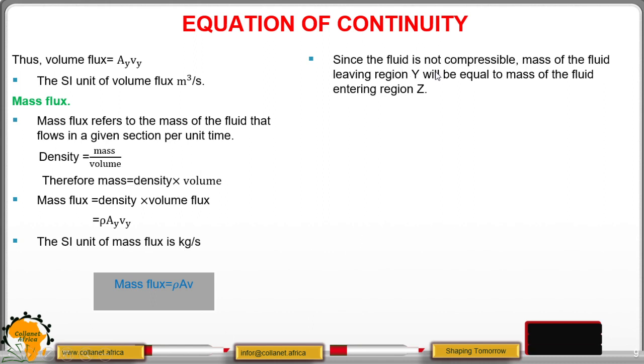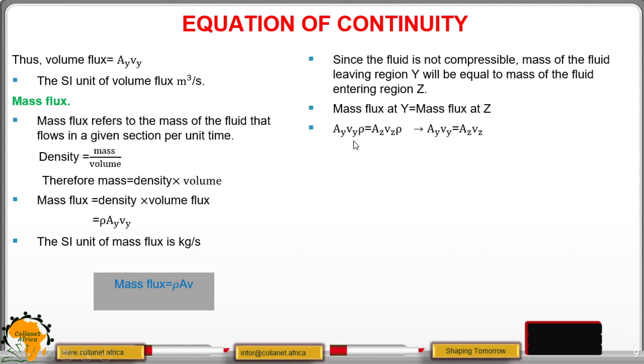Since the fluid is not compressible, the mass of the fluid leaving region Y will be equal to the mass of the fluid entering region Z. Therefore, it means that mass flux at Y is equal to mass flux at Z. Then we'll have this equation.